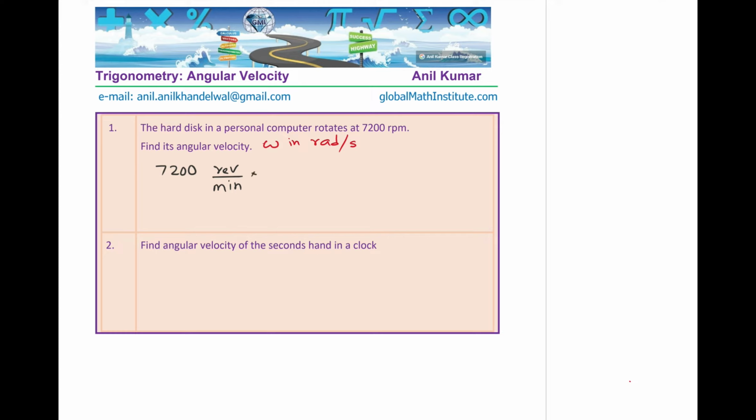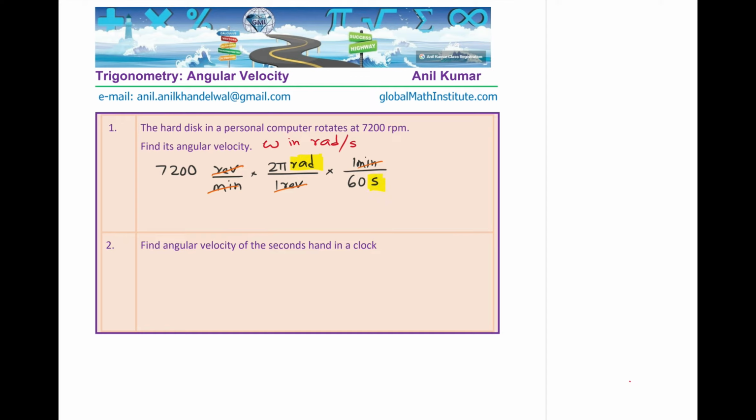Now, one revolution is 2 pi radians. So we can write 2 pi radians is one revolution. We want it in seconds, so 1 minute will be 60 seconds, correct? So clearly from here, you see that the unit conversion, revolution cancels with revolution, minutes with minutes. So the units remaining are radians per second. Do you see that part? Radians per second. So that's what you need, right?